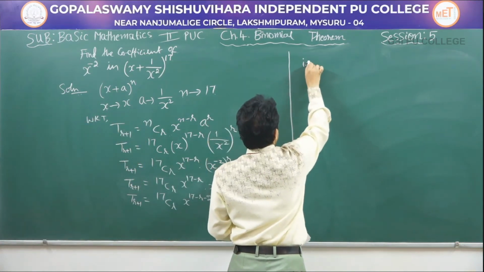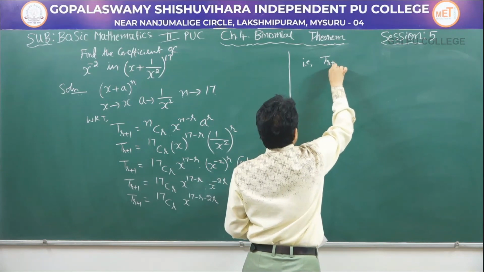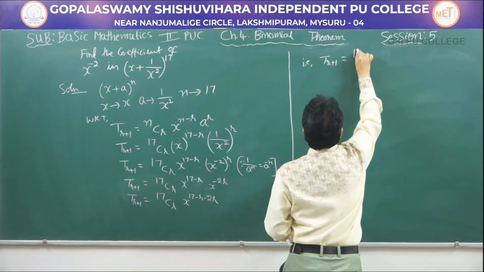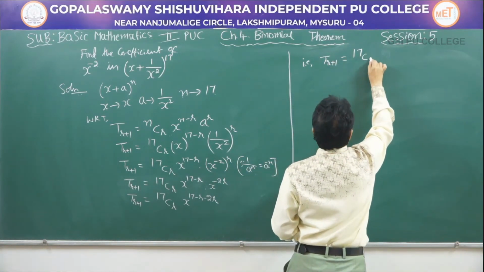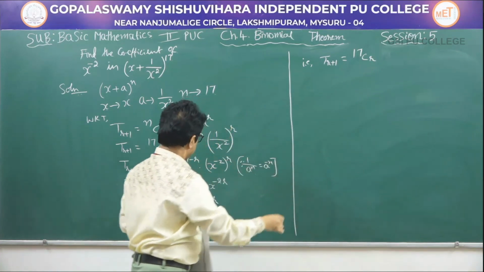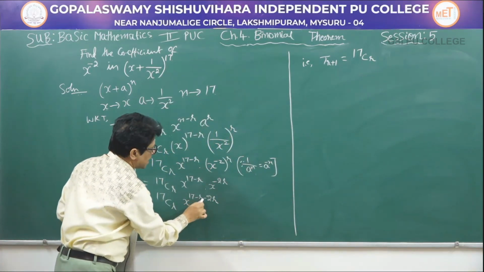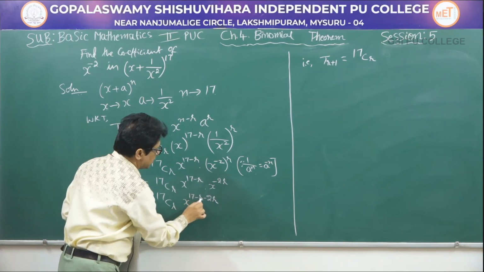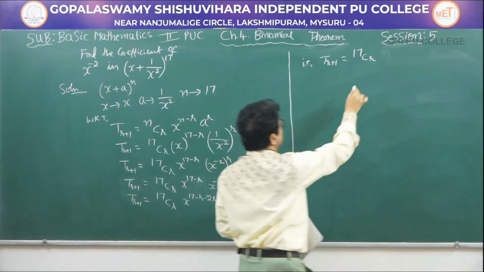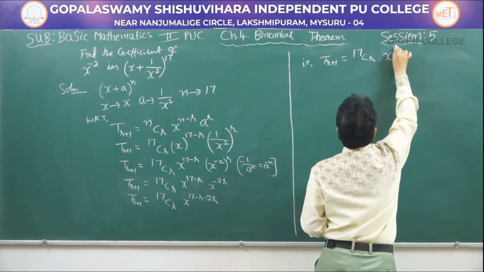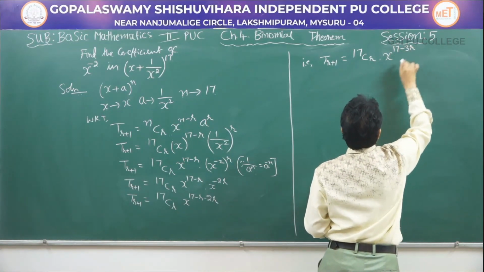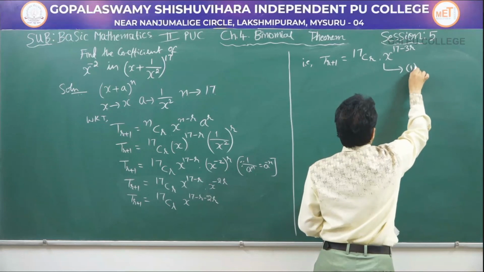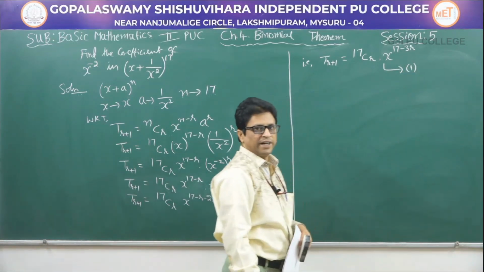So, we get T(r+1) is equal to 17Cr into x^(17-r-2r). That is, T(r+1) is equal to 17Cr, 17 minus r minus 2r, we get x^(17-3r). It is into x^(17-3r). We call this as equation 1.